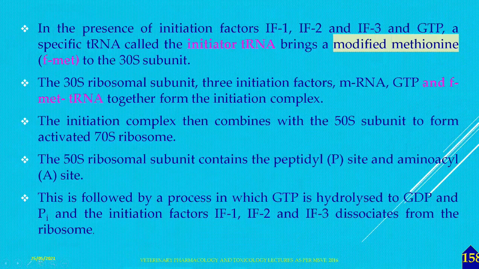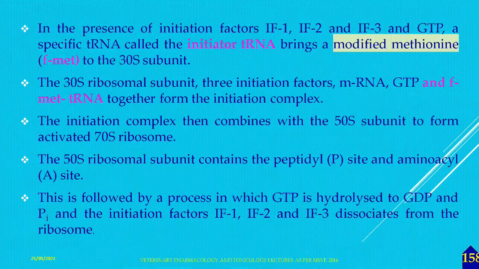So the 30S ribosomal subunit, three initiation factors, mRNA, GTP, and F-met tRNA, meaning the modified methionine tRNA. The initiation complex then combines with the 50S subunit to form the activated 70S ribosome.